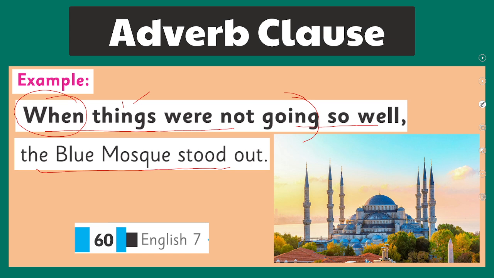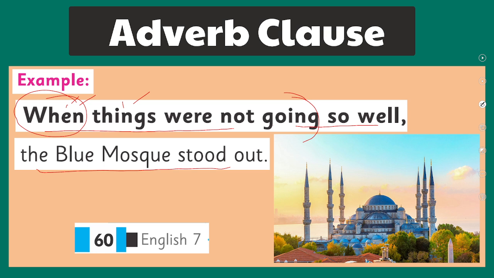So, this makes it a clause, and we have an adverb, and this, as we know, is an incomplete clause. It means it is dependent. It is a subordinating clause. We need more information. We have an adverb and we have a subordinating clause with a subject and a verb.